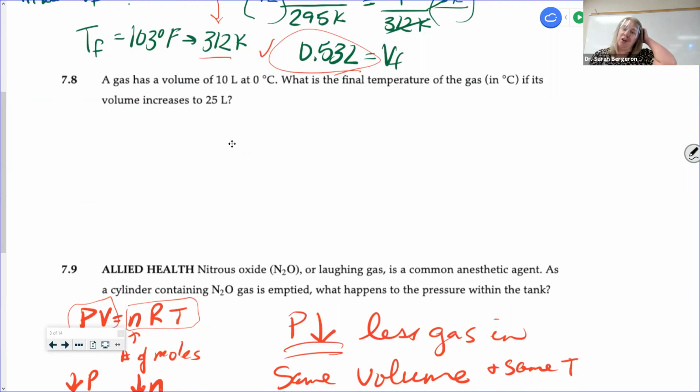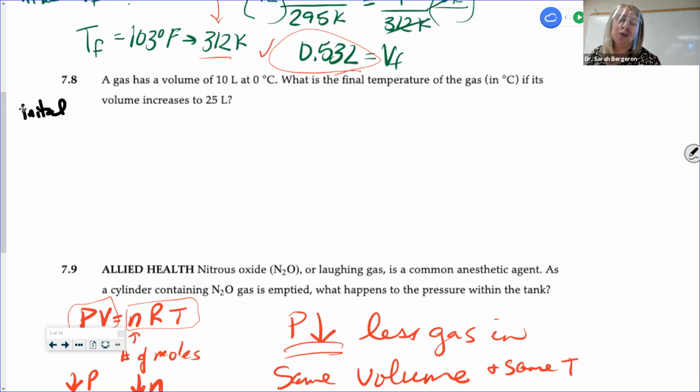A gas has a volume of 10 liters at 0 degrees Celsius. What is the final temperature of the gas in degrees Celsius if its volume increases to 25 liters? Pivner or peas and vegetables on the table? Peas and vegetables on the table. So I know that I'm going to have initial and final conditions. So tell me about initial.